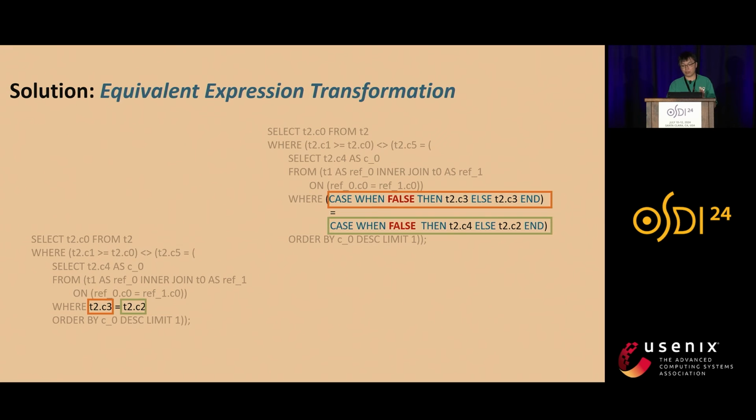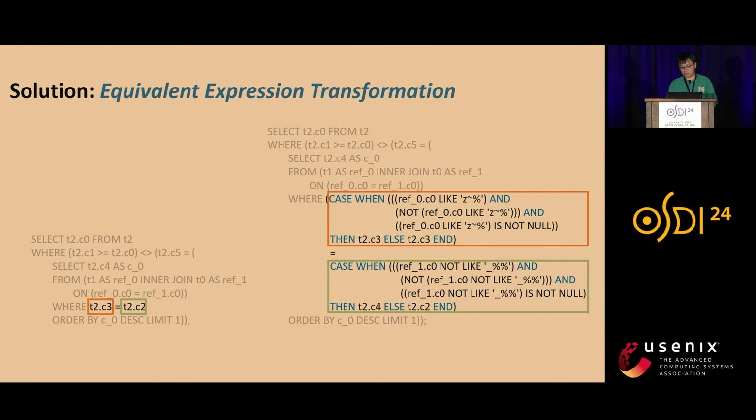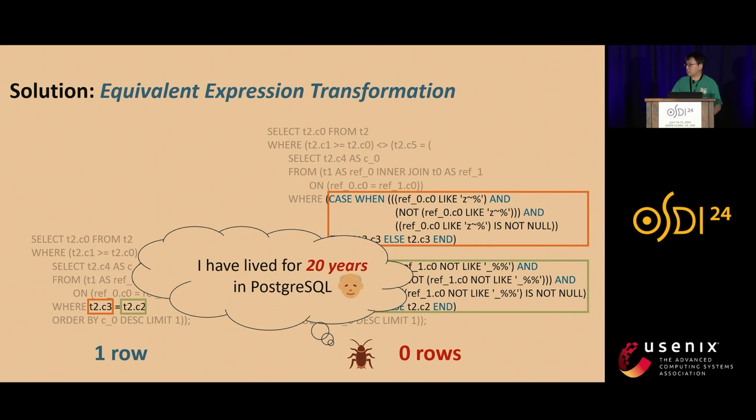Then we transform the false into this two, and we know that these two queries should produce exactly the same result. But it turned out that they produce different results. One of the queries outputs 1 row, but another query outputs 0 rows. So we know we trigger a bug. And actually, it's a very, very ancient bug in Postgres. It has existed for over 20 years.